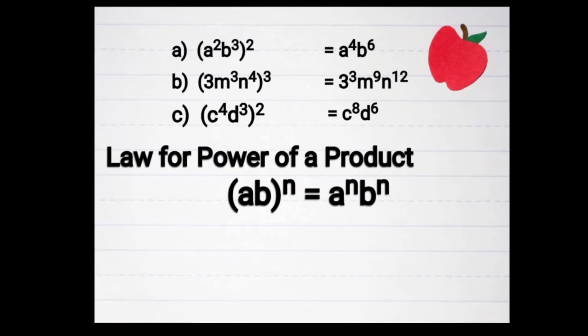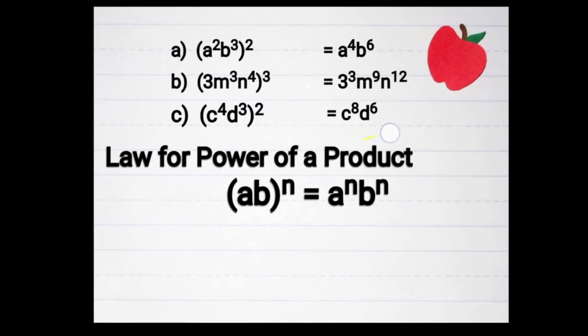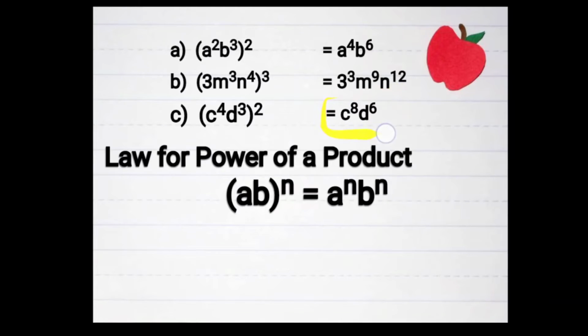Copy C, then the exponent of C, we have 2 times 4 is 8. That's why we have C raised to 8. Then copy D, then 2 times 3 is 6. That's why we have D raised to 6. And our answer is C raised to 8 times D raised to 6.